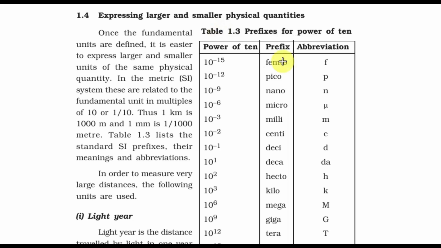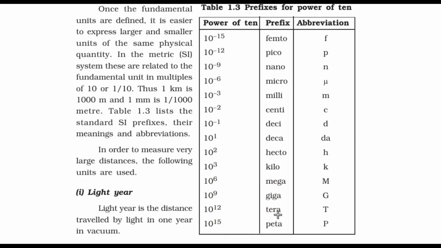So femto is 10 raised to power minus 15, pico 10 raised to power minus 12, nano 10 raised to power minus 9, micro 10 raised to power minus 6, milli 10 raised to power minus 3, centi 10 raised to power minus 2, deci 10 raised to power minus 1, deca 10 raised to power 1, hecto 10 raised to power 2, kilo 10 raised to power 3, mega 10 raised to power 6, giga 10 raised to power 9 and tera 10 raised to power 12. And 10 raised to power 15 we say peta.